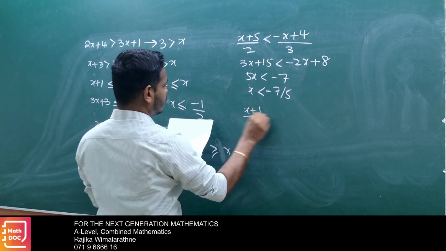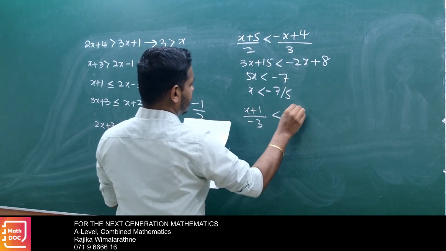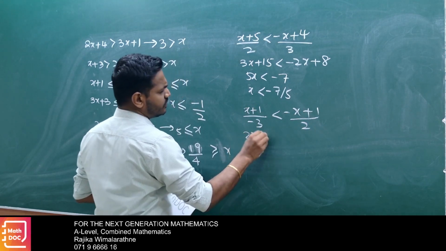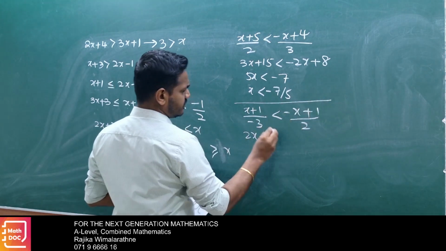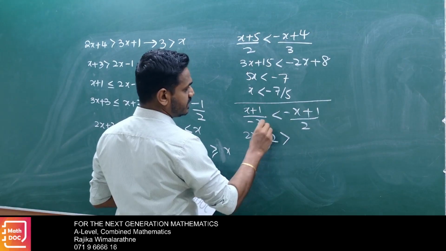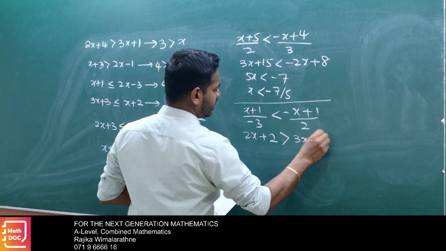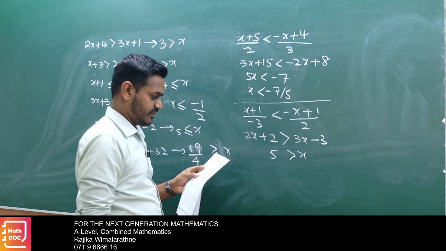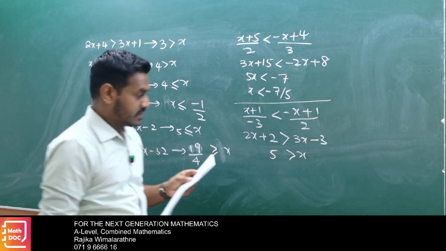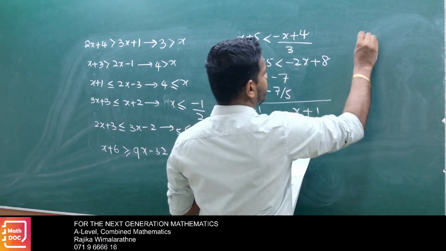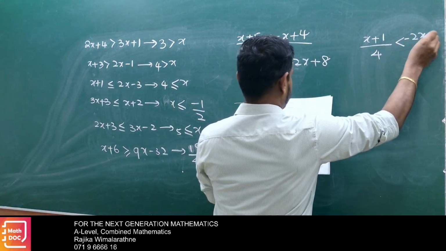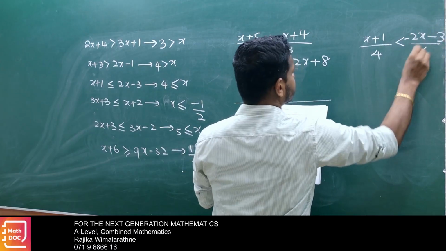x plus 1 over minus 3 minus x plus 1 over 2. Cross multiply. 2x plus 2, reverse the sign, 3x minus 3. 5. Then x plus 1 over 4 minus 2x minus 3 over 6.